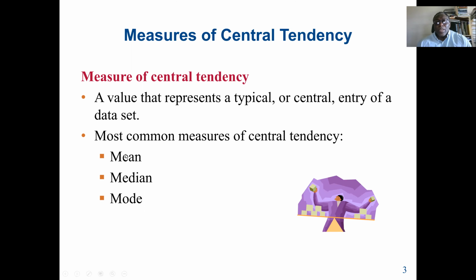We don't want to find the mean because maybe the CEO of the company is making $20 million a year and most of the workers are making less than $80,000 a year. So if we find the mean, it will drive the central tendency of the employee salaries very high because of the CEO making over $1 million a year. So in this case, we're going to use the median.